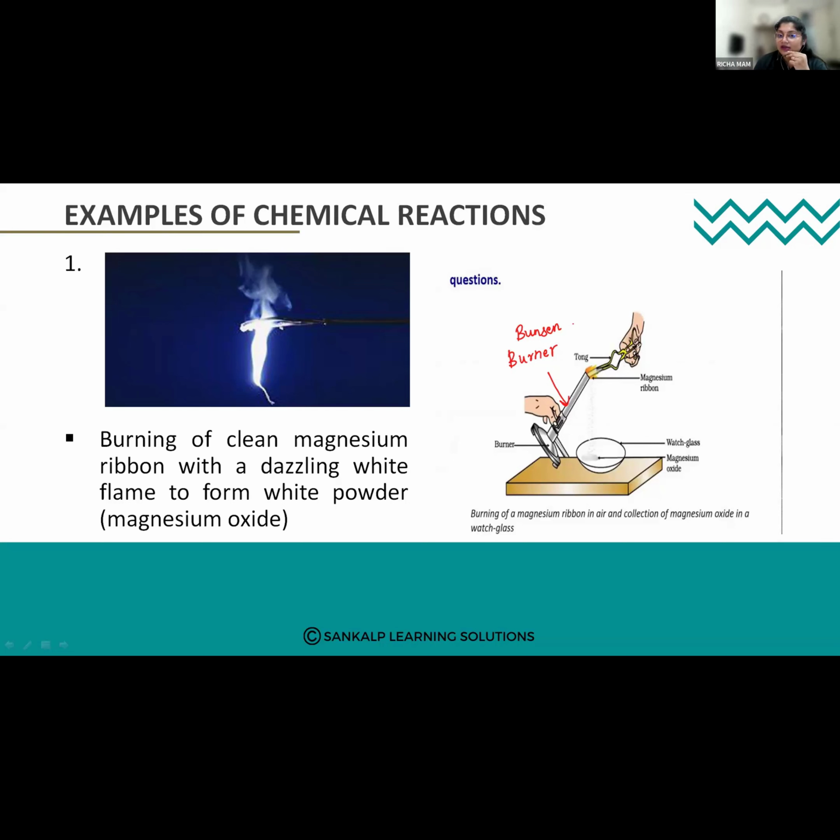By using the pair of tongs, we hold the magnesium ribbon in the flame produced by the Bunsen burner.